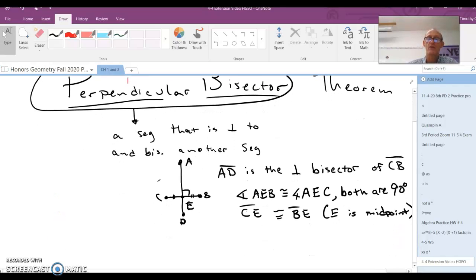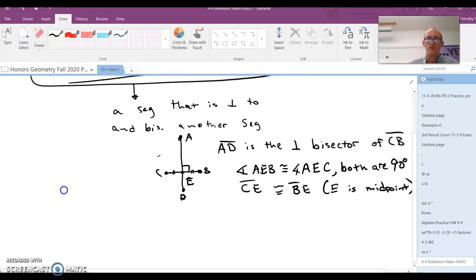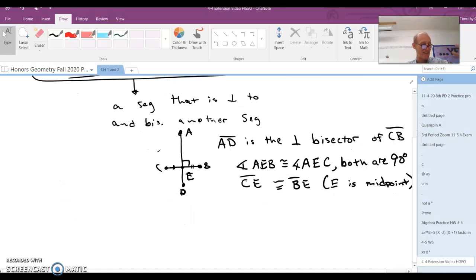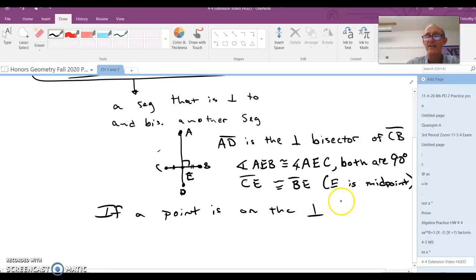But what is the perpendicular bisector theorem? Okay, what does it mean? What does it say? The perpendicular bisector theorem is that if a point is on this perpendicular bisector, it's equidistant from the endpoints of the segment. So if a point is on the perpendicular bisector, now in this case, that's AD.